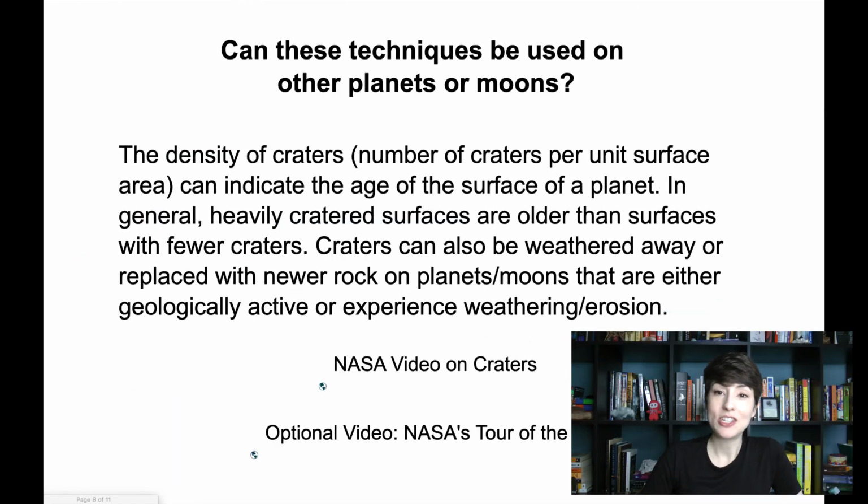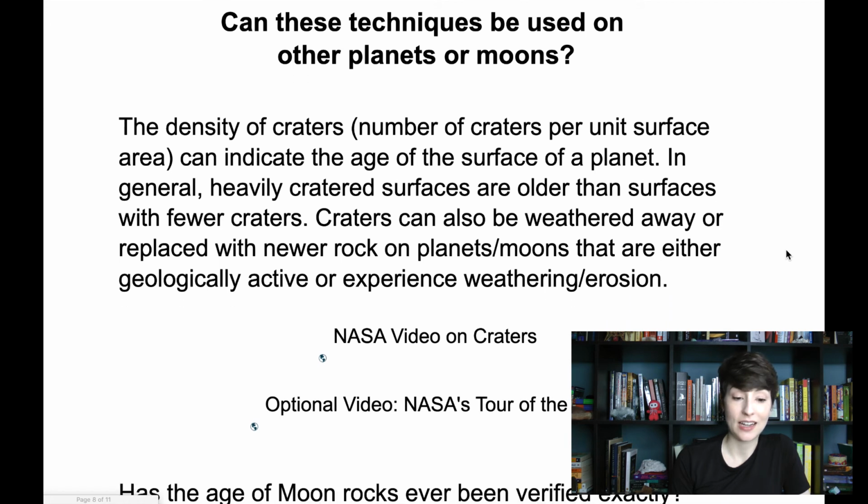So can the techniques we just talked about be used to help relative date features on other planets and moons? Yeah, they can, because planets and moons are typically covered in craters, especially if they don't have a lot of geological forces acting on them. So the density of craters, which means the number of craters per unit surface area, can help us determine the age of the surface of a planet.